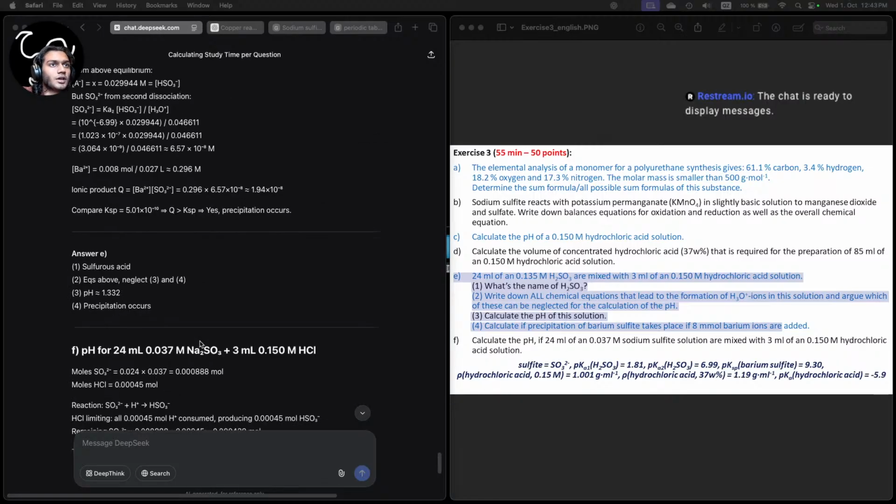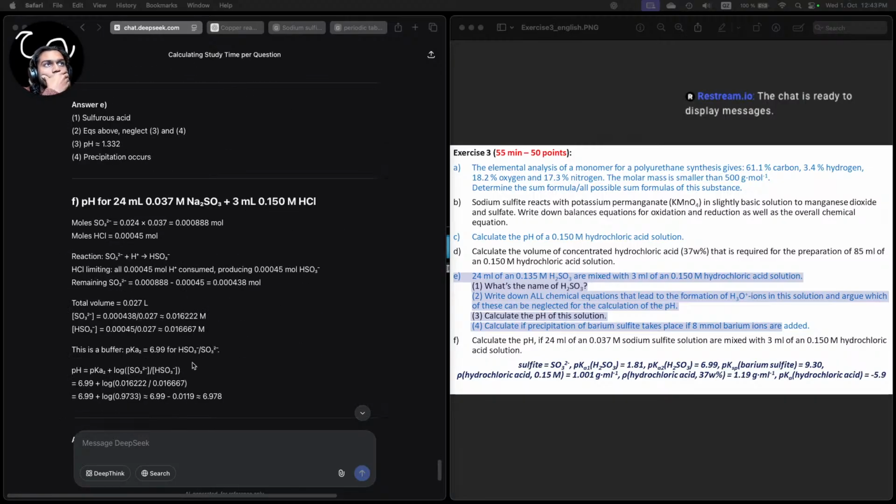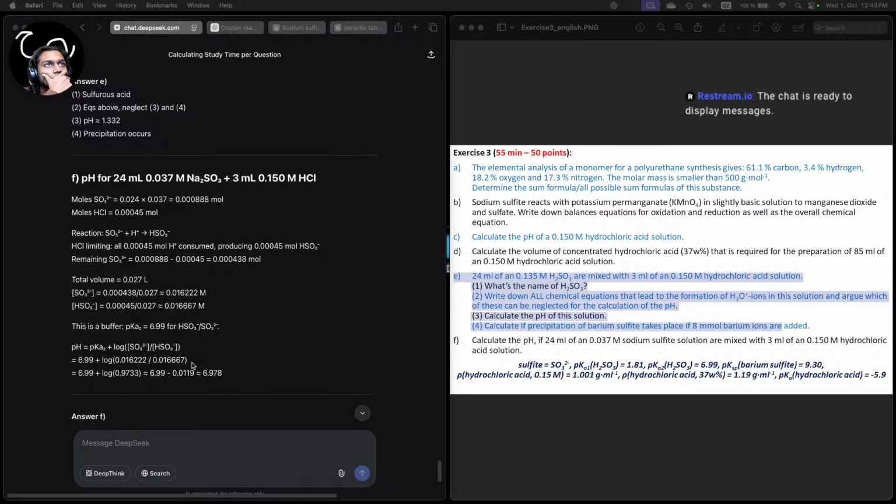Now, last question, F. Sodium sulfide solution I mix with 3 milliliters.